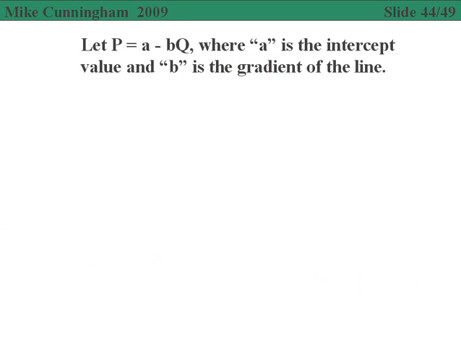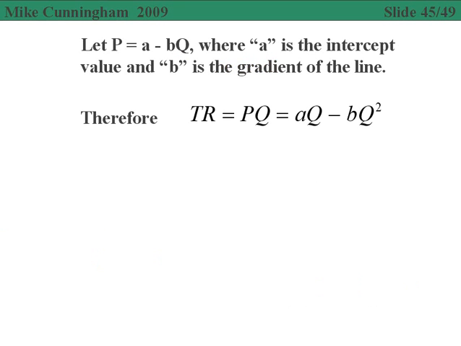We'll let the price equal A minus BQ. A is the intercept term and B is the gradient of the line. Total revenue is price times quantity, and we know price is equal to A minus BQ. That's a straight line.